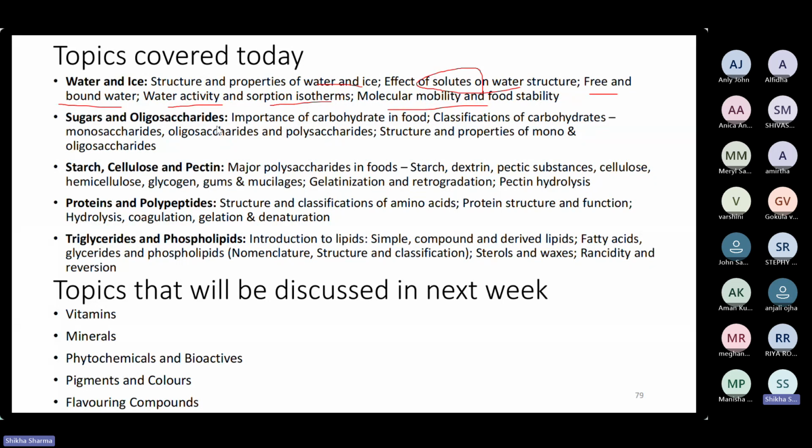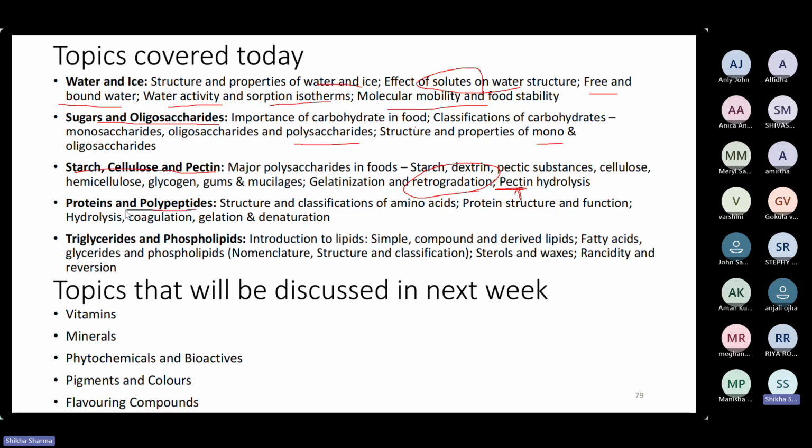Then we discussed carbohydrates, the starch and oligosaccharides, polysaccharides, and monosaccharides like glucose and fructose. We discussed starch, cellulose, and pectin in detail, the retrogradation of starch, and pectin and its gel-forming properties.